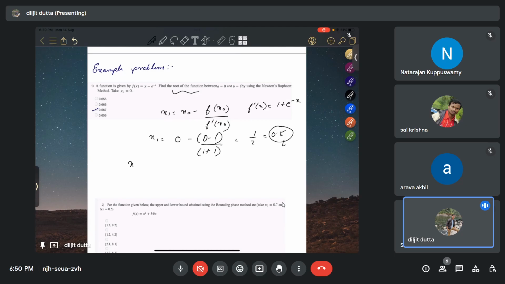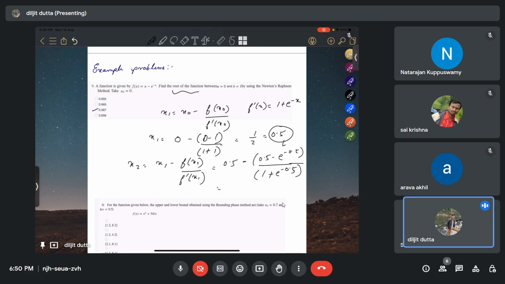The second iteration will be x2 is equal to x1 minus f of x1 by f dash of x1. So it will be 0.5 minus f of x1, where f of x1 will be 0.5 minus e to the power minus 0.5, and f dash is 1 plus e to the power minus 0.5.